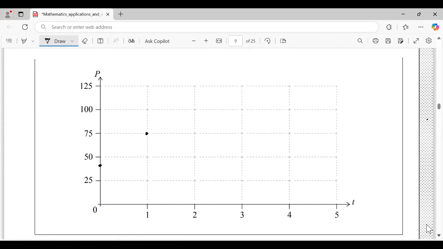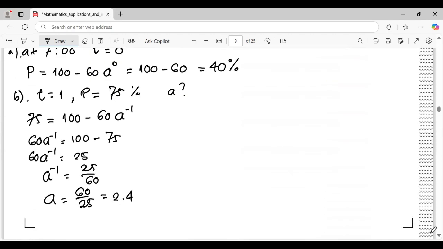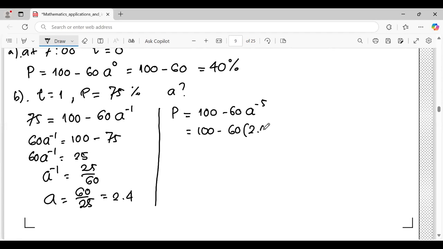Okay, and the third, when t equals 5, we are going to find first the P when t equals 5. When t equals 5, it becomes 100 minus 60 A to the power minus 5. A is 2.4, so 100 minus 60 times 2.4 to the power minus 5.